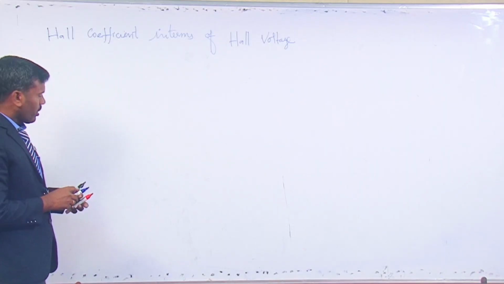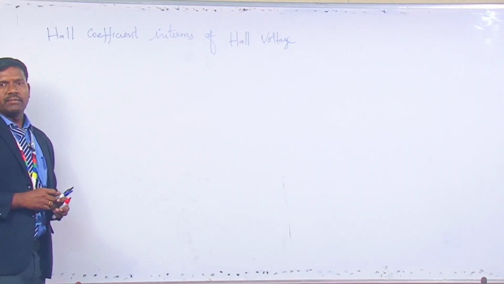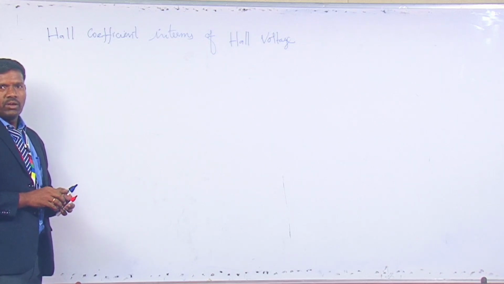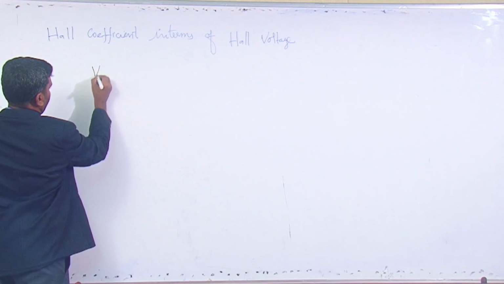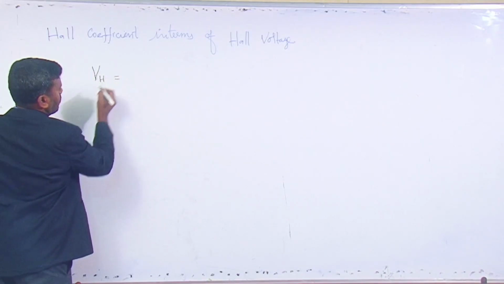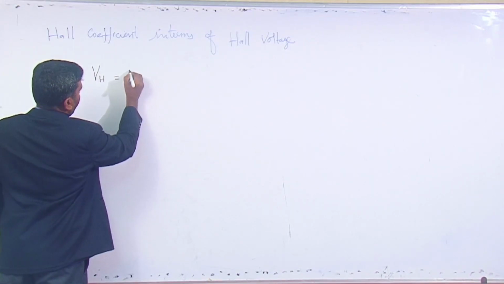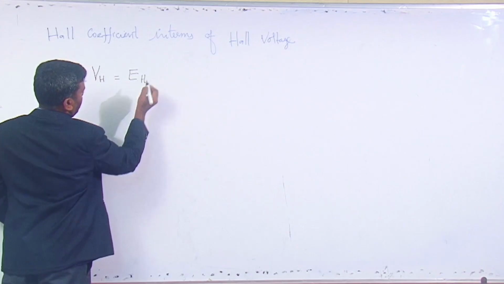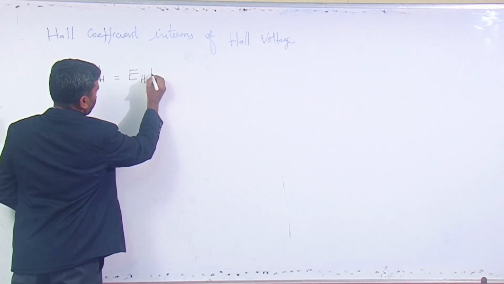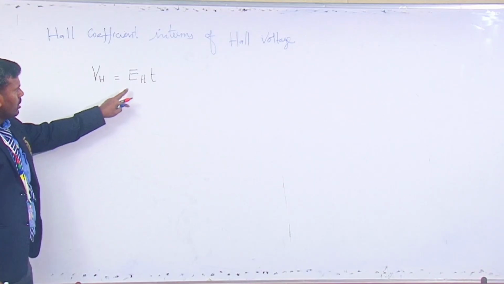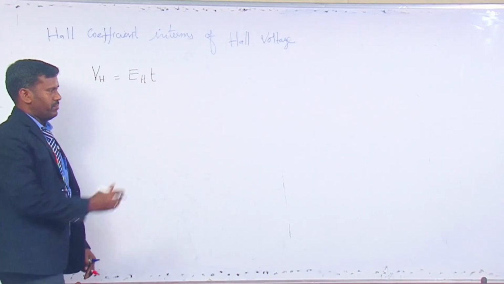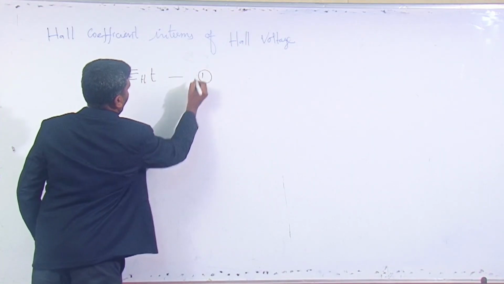Already you know that if we take the material with a thickness of t, the Hall voltage VH is equal to EH into the thickness of the sample. The Hall voltage VH is equal to EH into t. This is equation number 1.